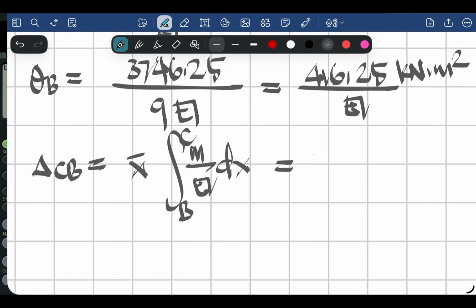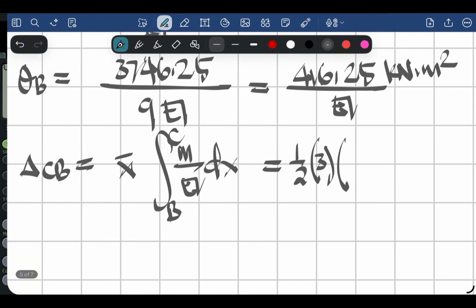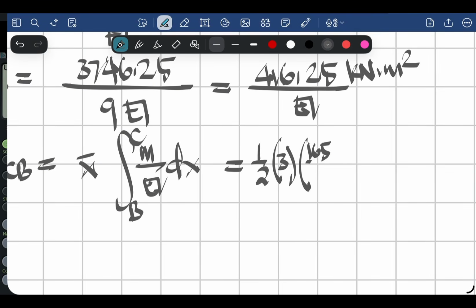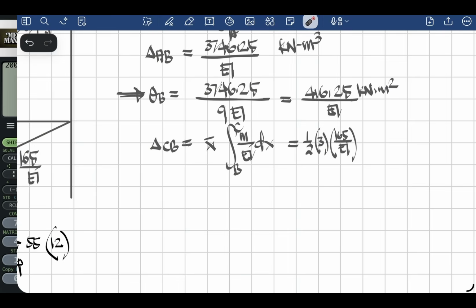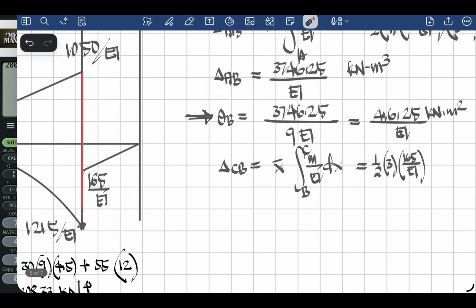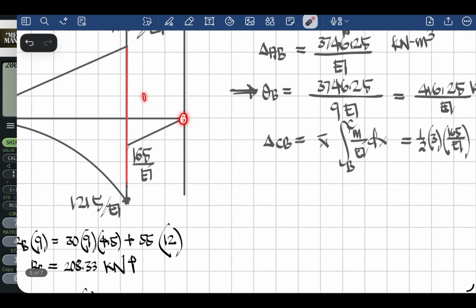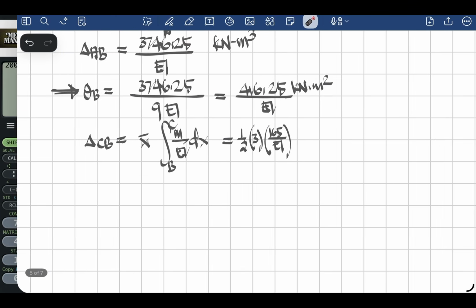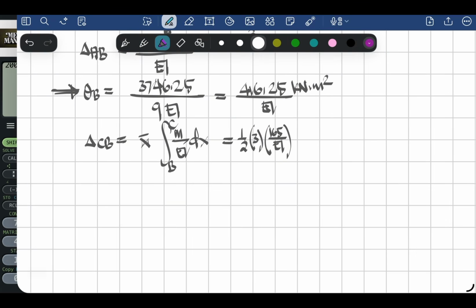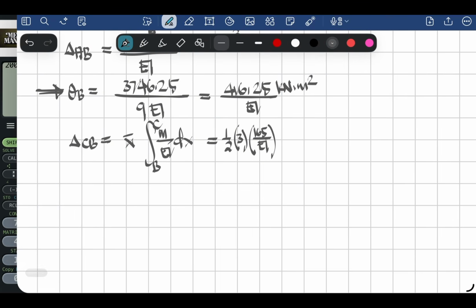So 1/2, base is 3, height is 165 over EI, times its perpendicular distance measured from point C. Since it is delta CB, we measure at C, which is 2/3 of 3.